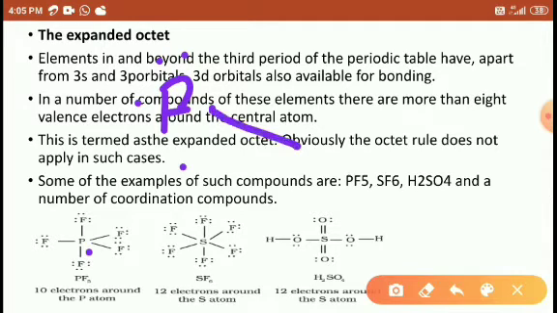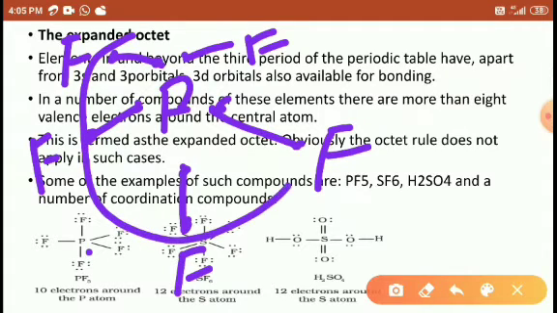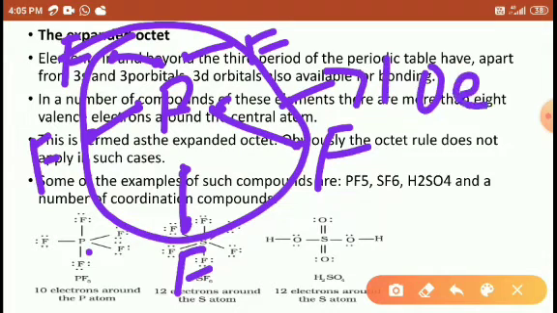It bonds with the first fluorine, 2 electrons, with the next fluorine, 4 electrons, with the third fluorine, 6 electrons, and then 7, 8, 9, 10. So the total number of electrons developed around the phosphorus is 10 electrons.